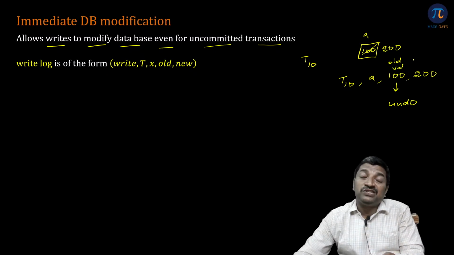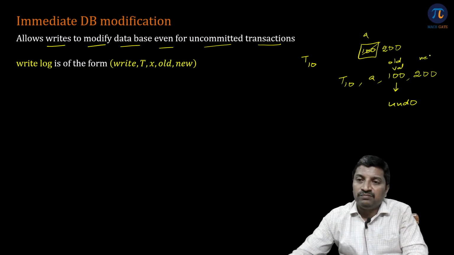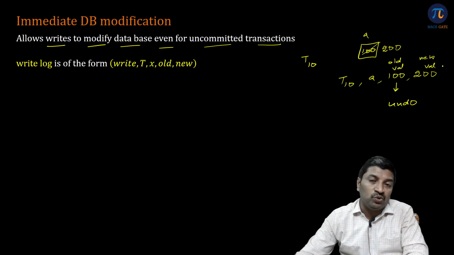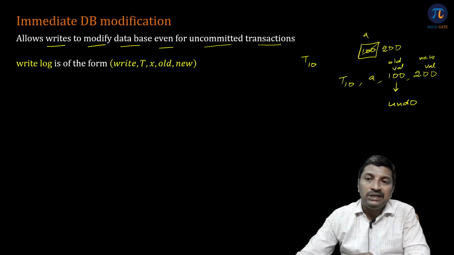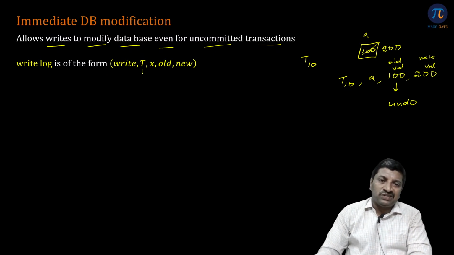For some transactions, I may need redo, so I need to know the new value. So that's why in this type of scheme, we store the old value as well as the new value. Hope you understood it. This is the transaction number. This is the object. This is the old value. This is the new value.